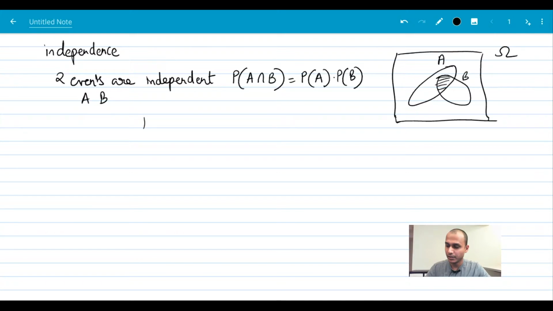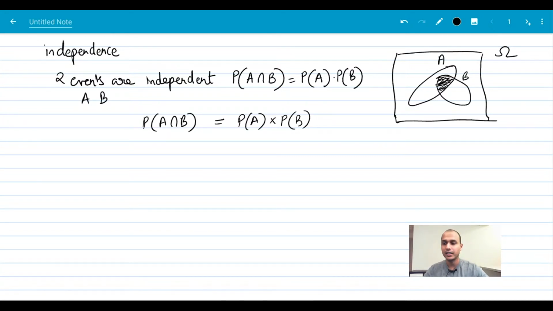So probability of A intersection B would be some probability mass that we have assigned over here. We also have probability mass assigned to event A itself, and to B itself. So the product of these two, if it is equal to this intersection, then the two events are called independent.